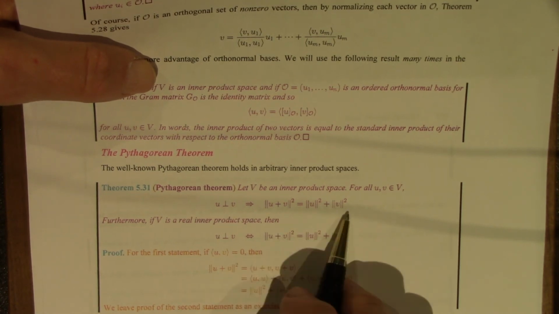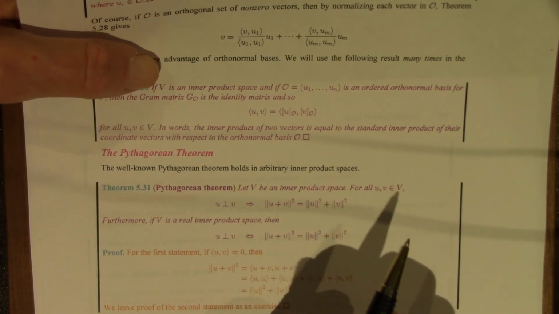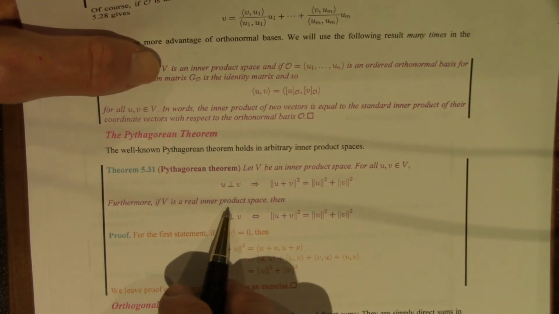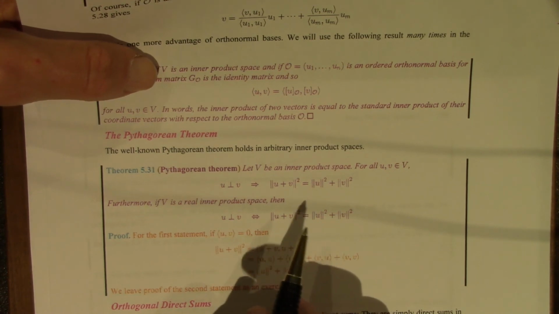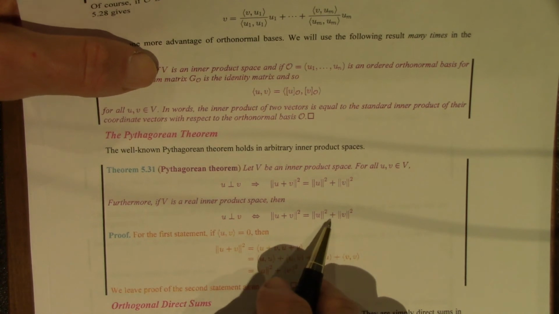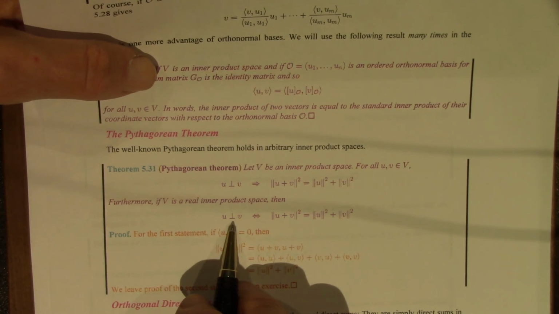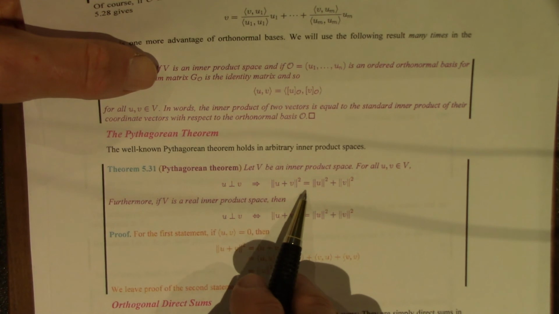This is the Pythagorean theorem: c squared equals a squared plus b squared. In the real case, it goes both ways. If you have two vectors that satisfy this Pythagorean formula, they are orthogonal. In the complex case, it only goes in one direction.